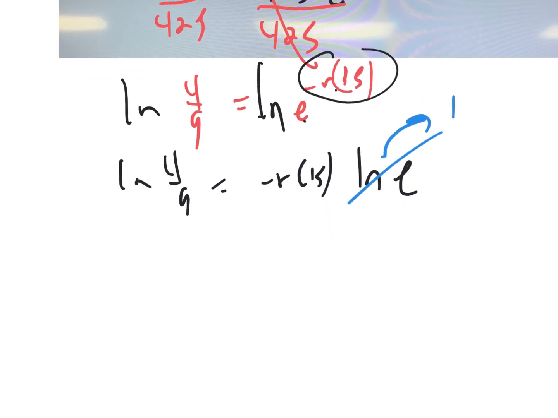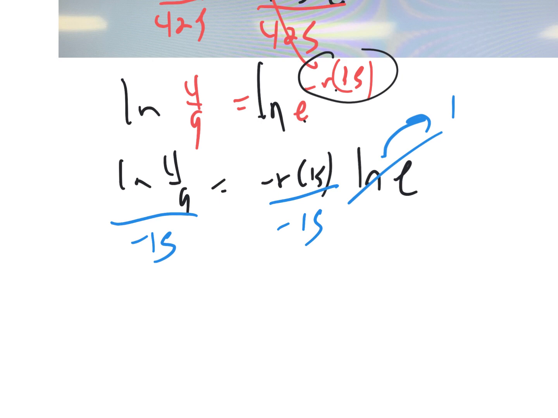What do I do to both sides right now? How about a negative 15, so there's a negative in front also? Would that work, Chloe? You said negative 15? Yeah. Good for you. Divide both sides by negative 15.